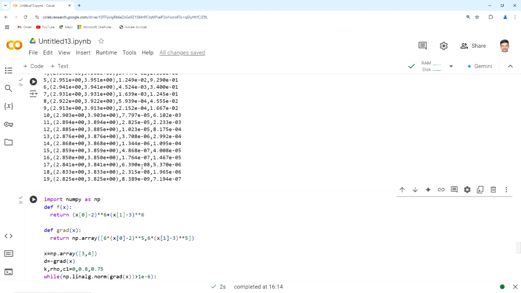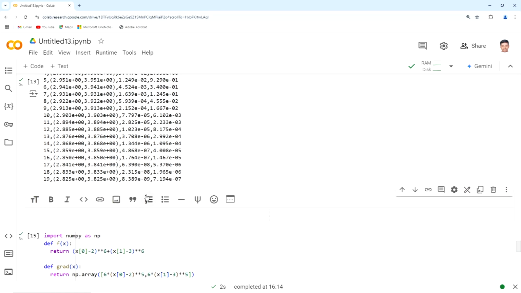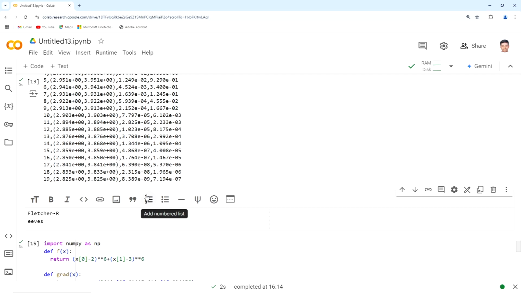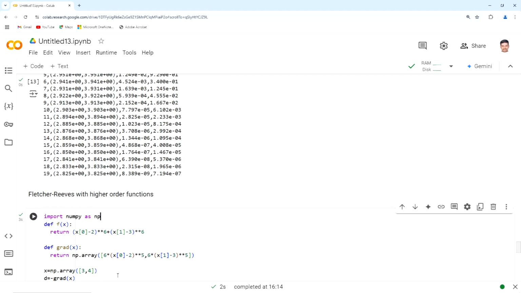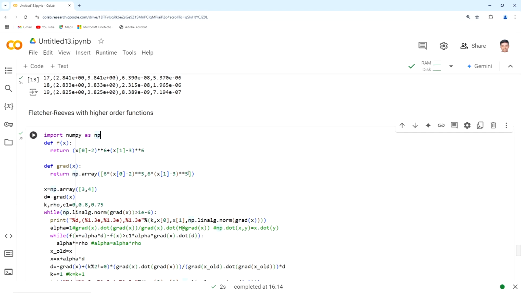It is that when you have, so I will just write down the title. Yeah. So, when you have a higher order function, where higher order function alone is not a problem, but when you have multiple roots at the same point.